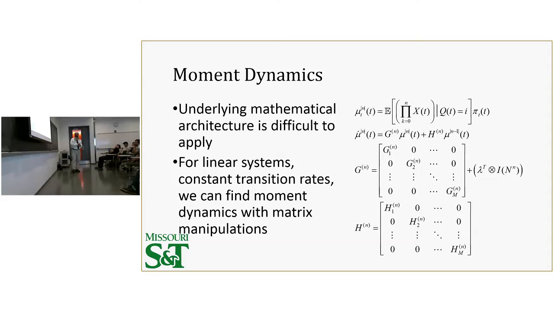The main challenge we run into is just the size of the matrices, right? If you have 5 continuous states and 2 modes, you only have 10 first moments to worry about, but you have, I don't know, 20 or so, or no.